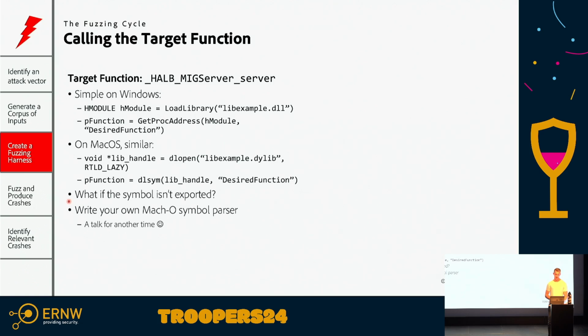So I ended up writing a custom macOS symbol parser to get the function offset that I cared about, and then call that with the help of a couple colleagues. So that's a talk for another time, but it's not always super easy to call these functions that shouldn't be exported, but it is possible. You can get around it.